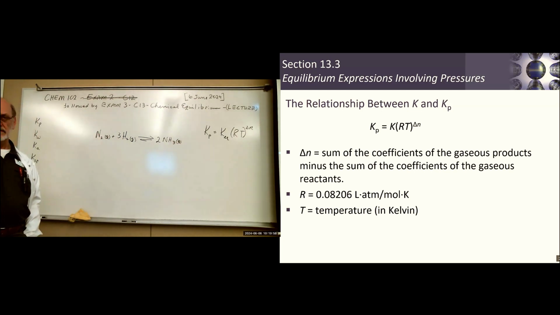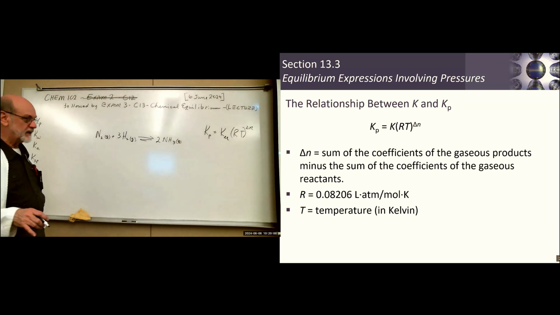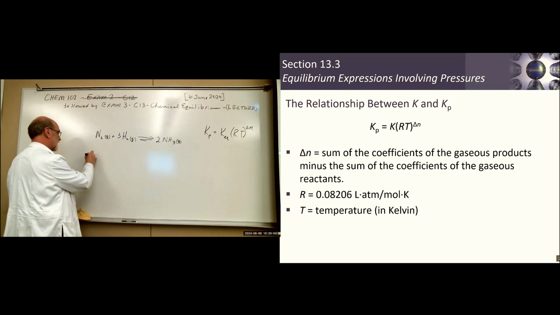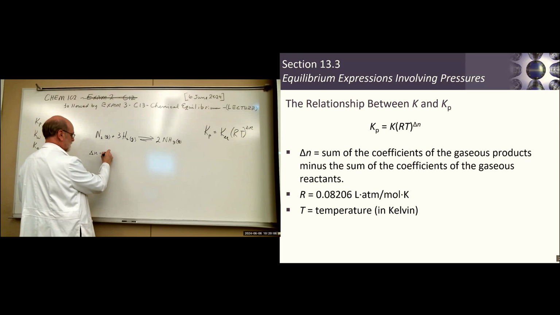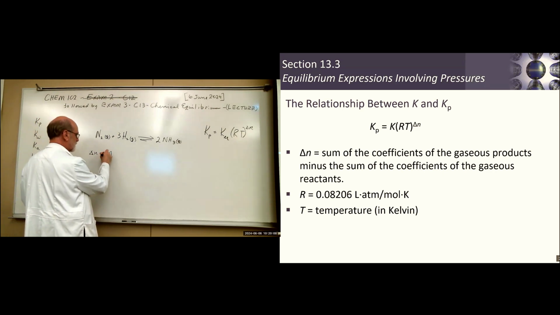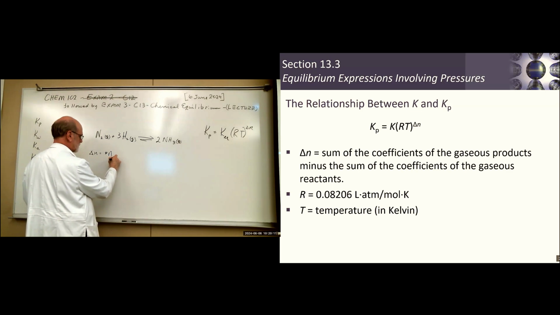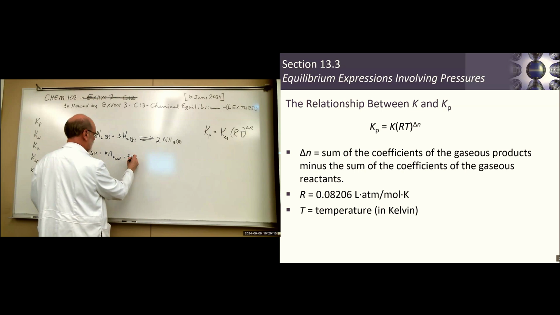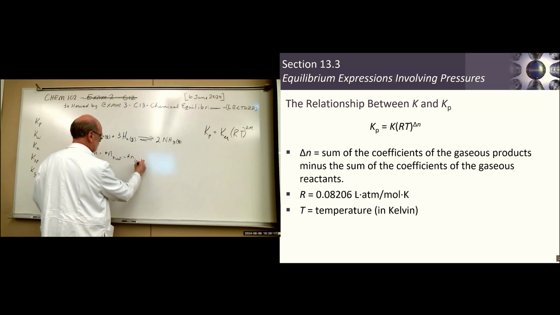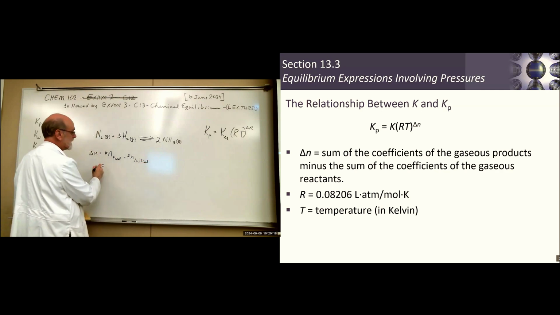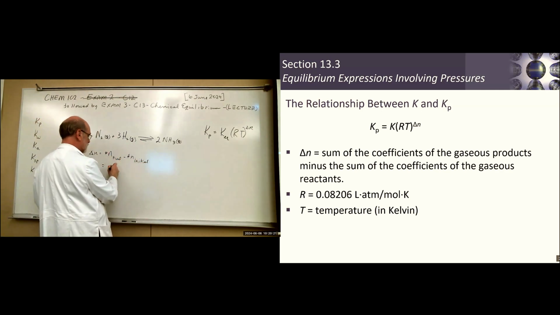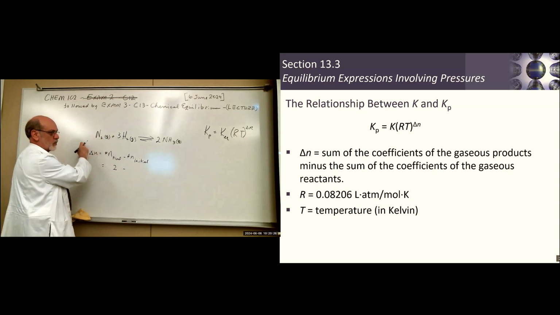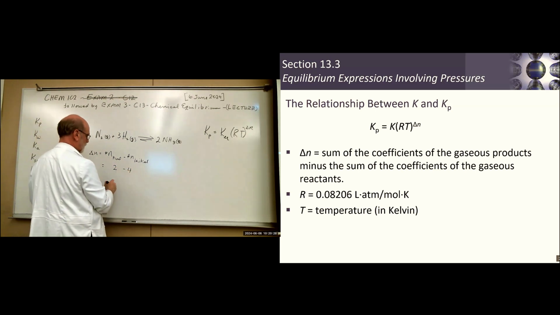Deltas, most of the time, mean final minus initial. So delta N would be the final number of moles minus the initial number of moles of gas. So in this case, the final number of moles is 2, right? What's the initial number of moles? 3 plus 1, 4.